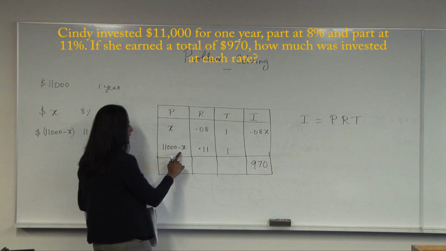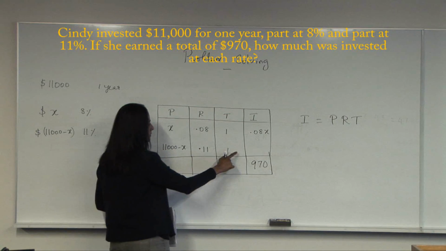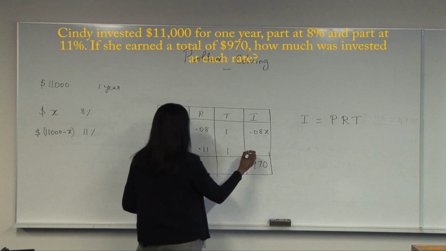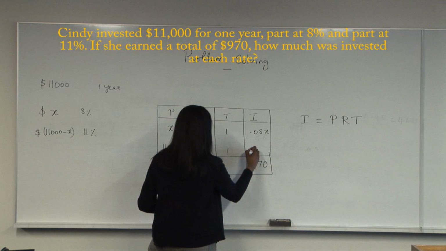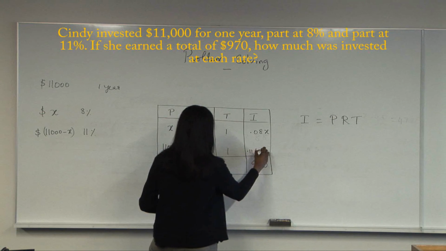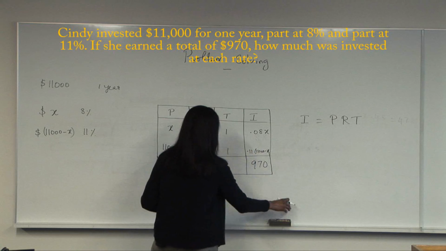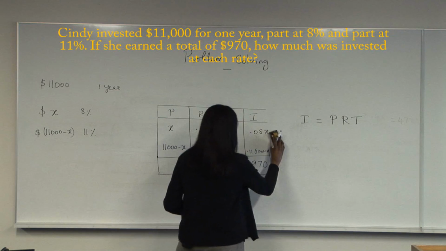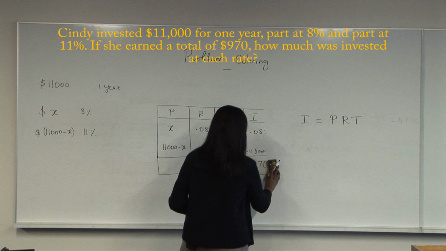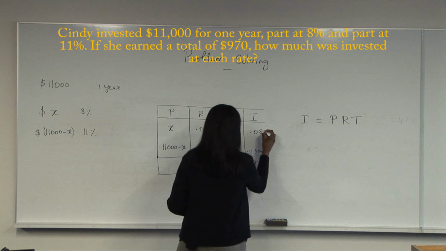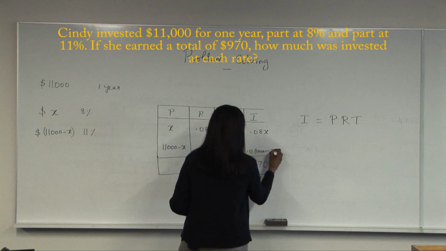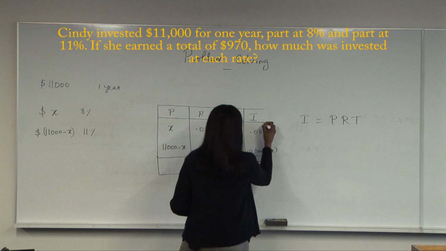And then here again, P times R times T, you get the interest. So here we have 0.11 times 11,000 minus x. I'll make it a little bit bigger here. So 11,000 minus x.